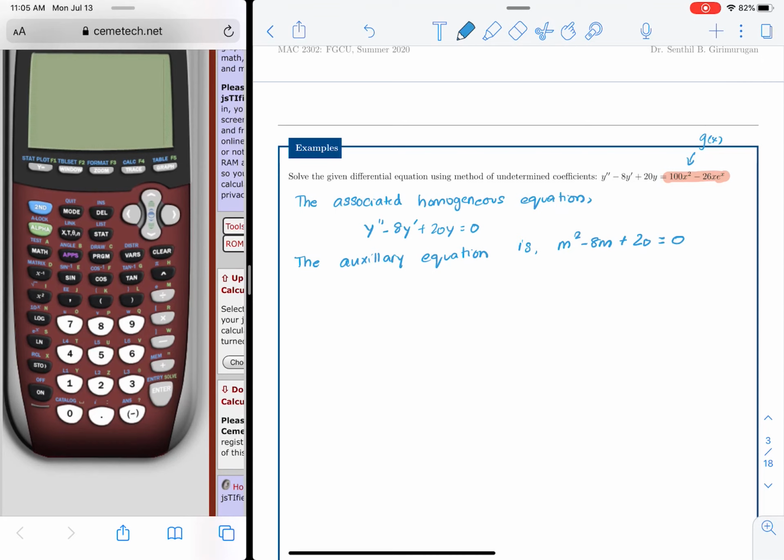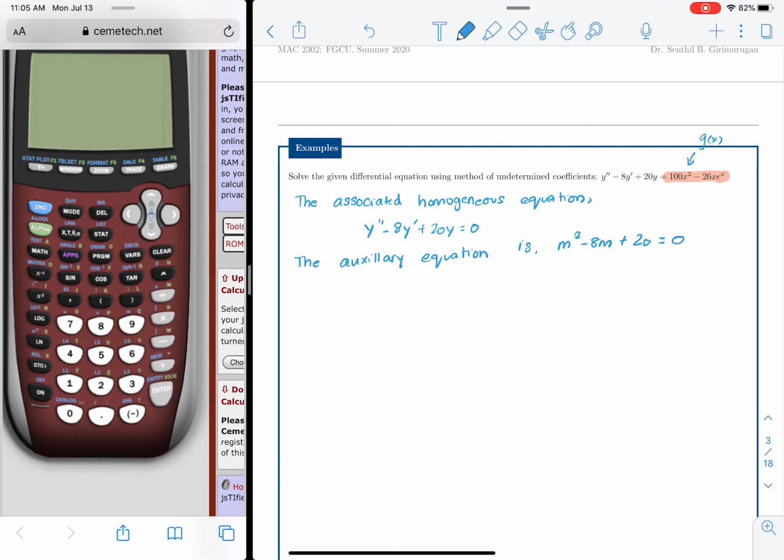We need to get 20 and we have negative 8m. The question to ask is, would we be able to factor this? Probably not. Might have to be minus 20. If it's plus 20, it is going to give us troubles and it wouldn't match the right hand side.